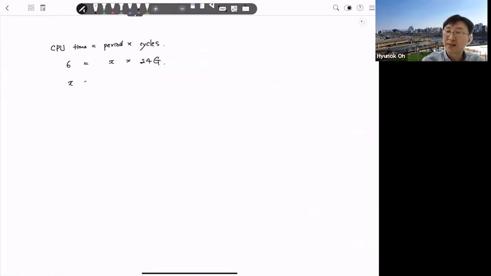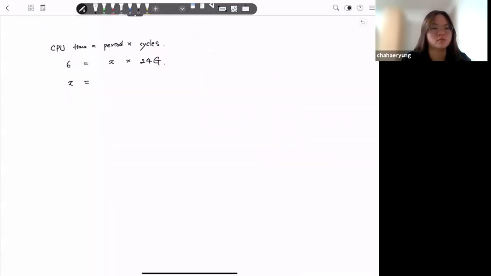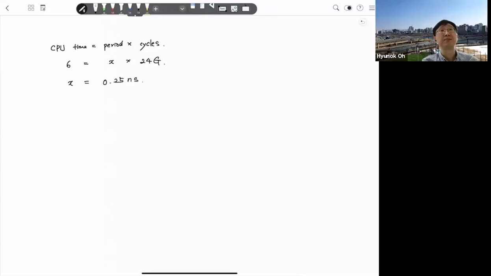Then what's the X? 0.25 nanosecond. So clock frequency is 1 over X, which is 4 gigahertz. If the clock frequency, clock cycles, or CPU time is given, then using these parameters, we can compute the remaining one.